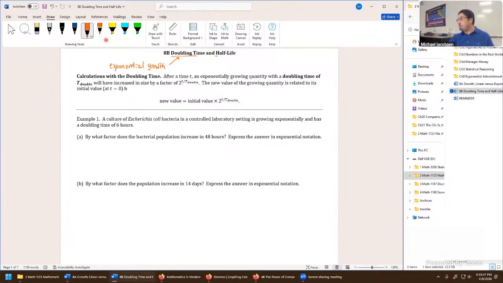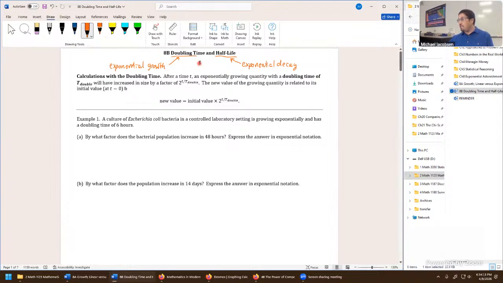We'll also be looking into formulas for half-life. And when we think about half-life, here we're looking into exponential decay. Exponential decay just in the same sense as the problem where someone had 800 milligrams of caffeine and the amount decreased by 12% per hour. So those are our two different sides of these notes.